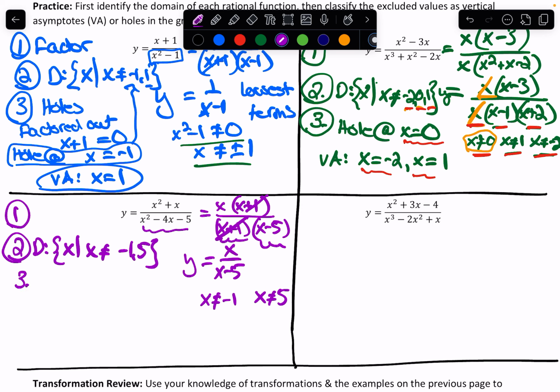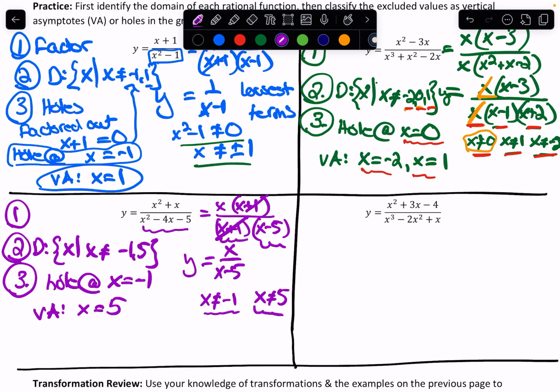Then what did we cancel out here? It was the x plus 1, so x cannot equal negative 1. We have a hole at x equals negative 1. And the 5 is going to be the vertical asymptote.